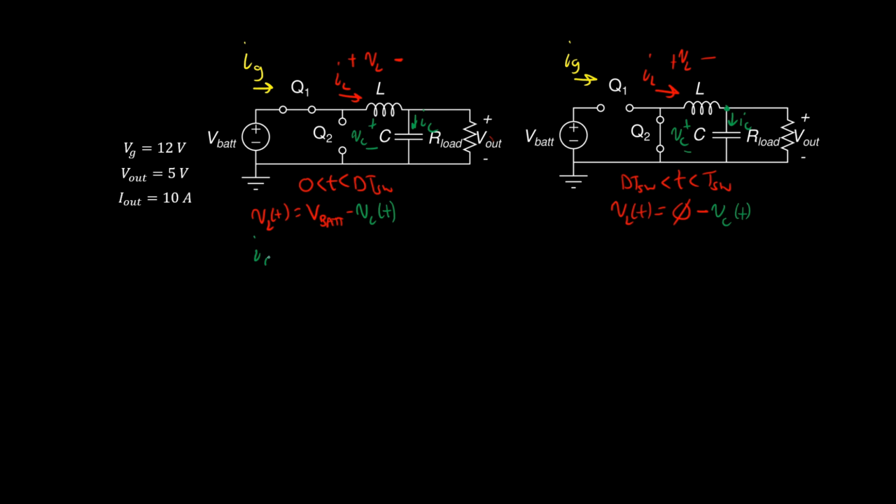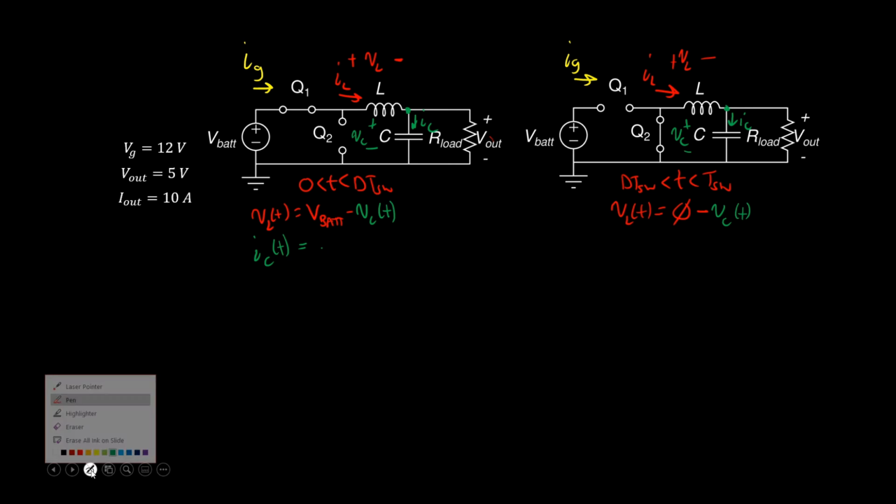Now let's look at the capacitor current, IC of t. In the first interval, we have to inspect this node. What's flowing into and out of this node? We have IC flowing out of the node, which I'll say is a positive sign. We have IL of t flowing into the node.